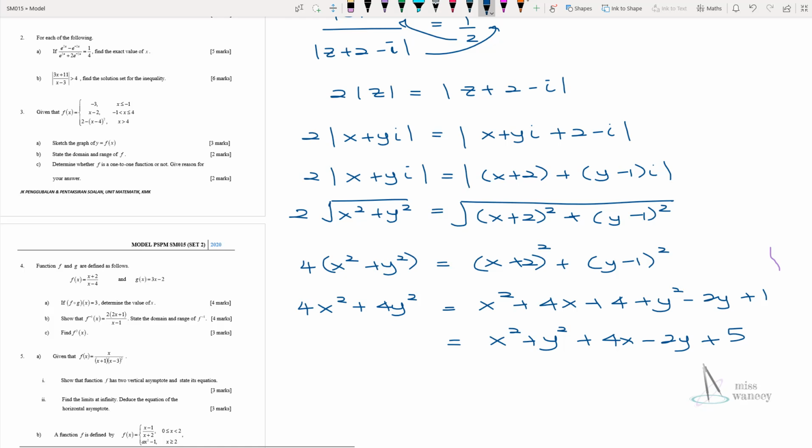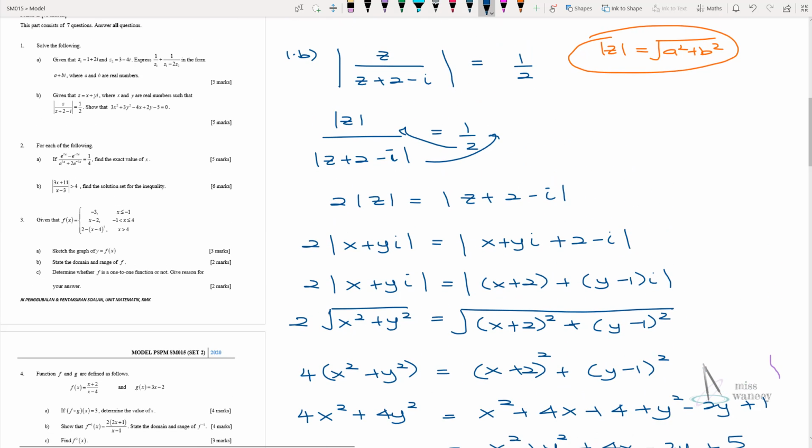Okay, so bring everything to the left hand side. So 4x square minus x square. So 3x square plus 3y square minus 4x plus 2y minus 5 equal to 0. And this is actually what we want to prove. So boleh tengok sekejap lagi lah. Sekejap saya kecilkan sikit, nanti kita boleh tengok dia sama saja.